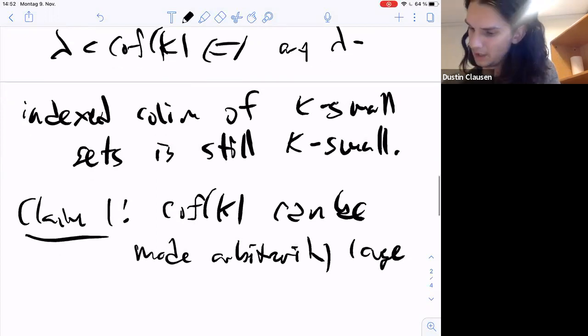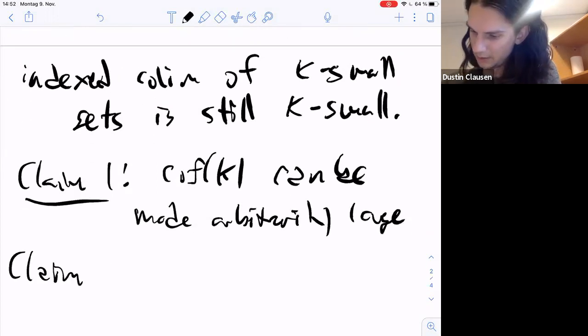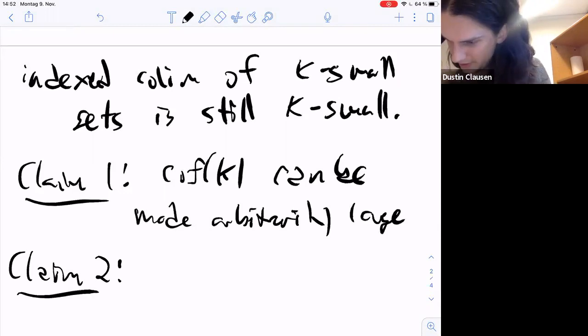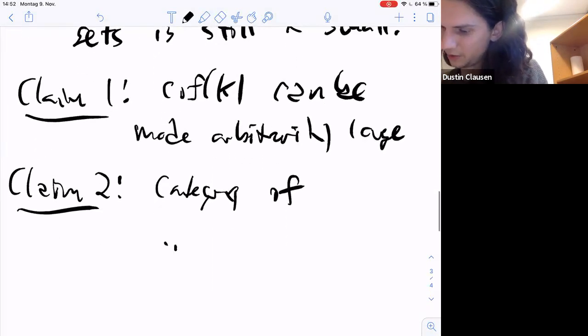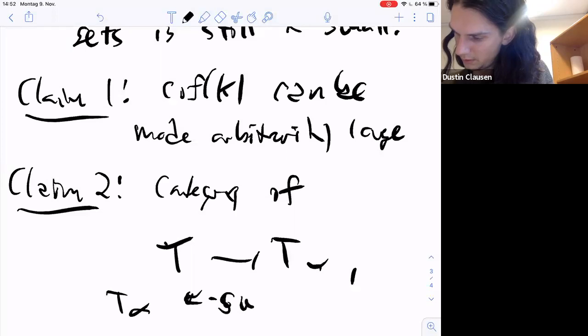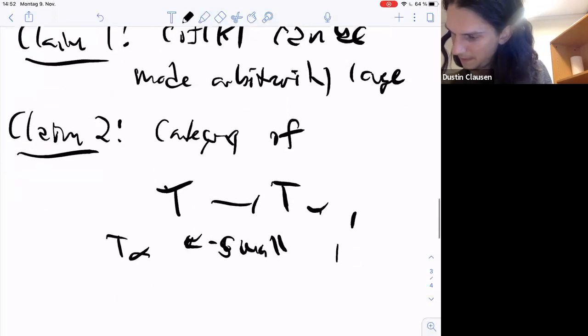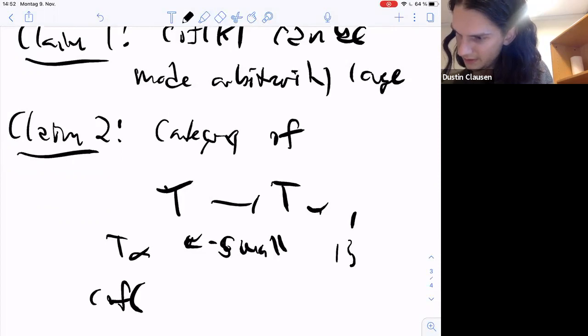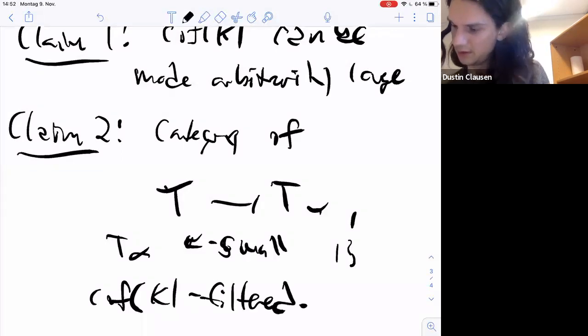And the second claim is that the category of maps from the category that we were taking our filtered colimit over is cofinality of kappa filtered. So our colimit category that we were considering is cofinality of kappa filtered.